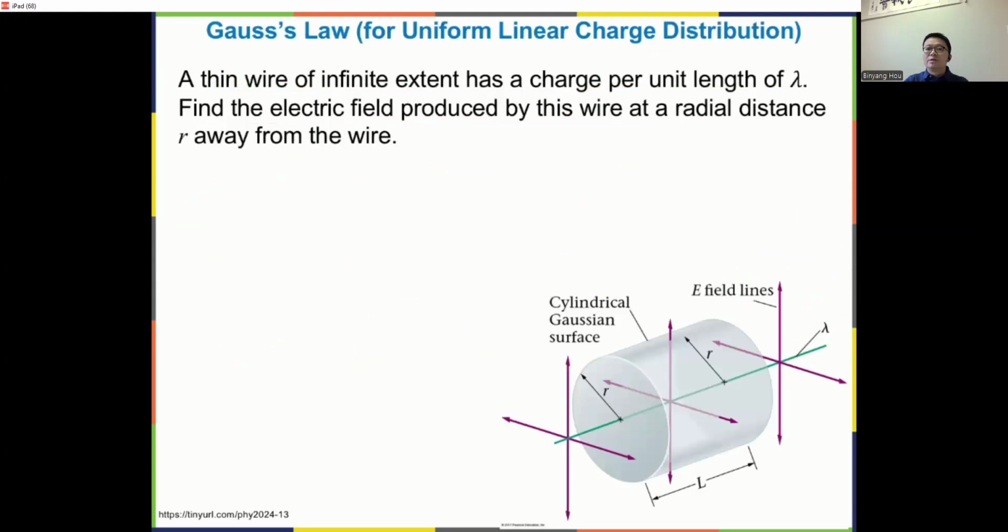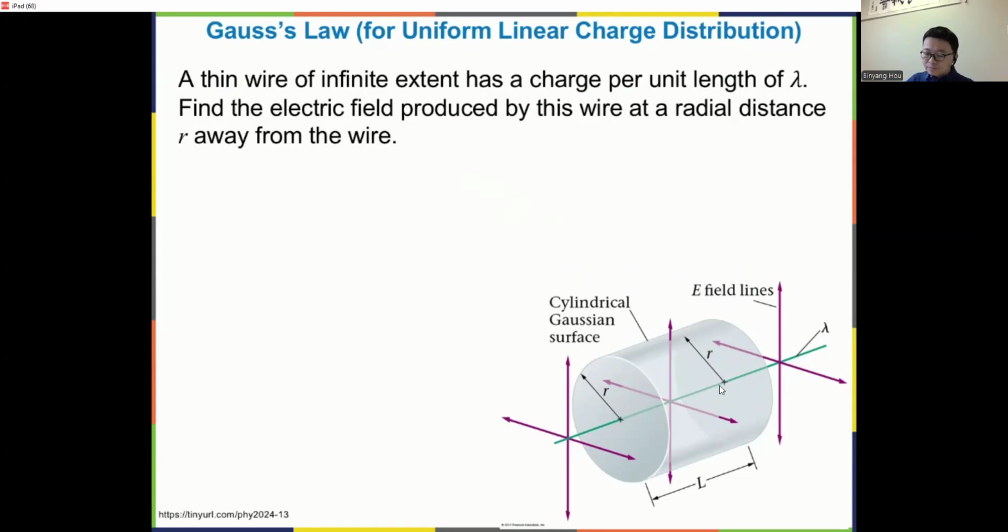The first one we'll be looking at is a line charge, this line charge over here on the green line. It says if you have an infinite line charge, where lambda is the charge distribution.